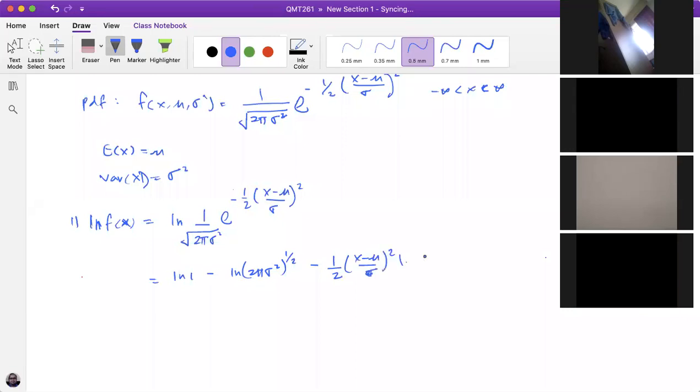So how does this become? ln 1 minus ln of (2 pi sigma squared) to the half, minus 1 over 2 times (x minus mu divided by sigma) squared times ln e. Here, ln 1 is 0 and ln e is 1. What remains is negative ln of (2 pi sigma squared) to the power of 1 over 2, minus 1 over 2 times (x minus mu divided by sigma) squared.